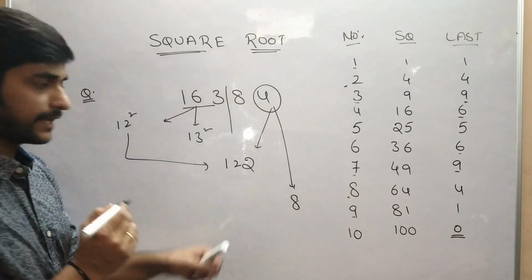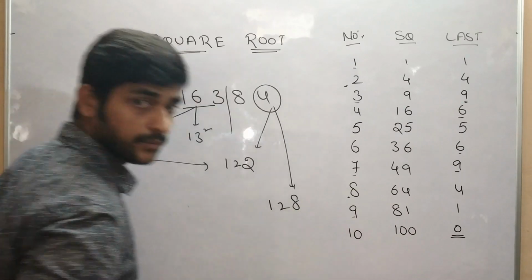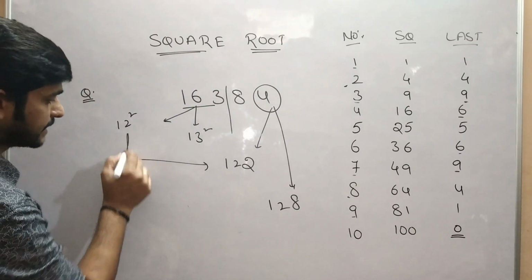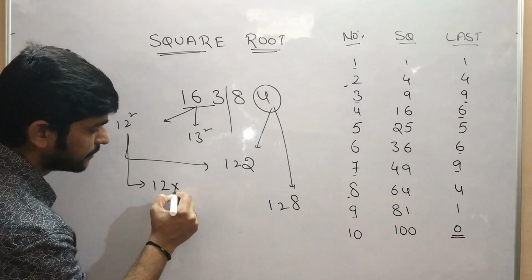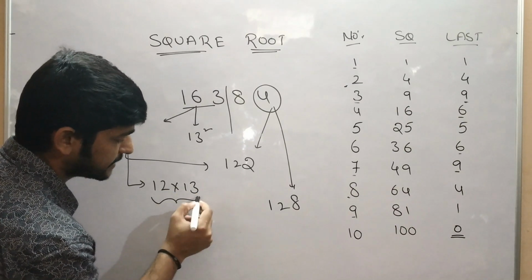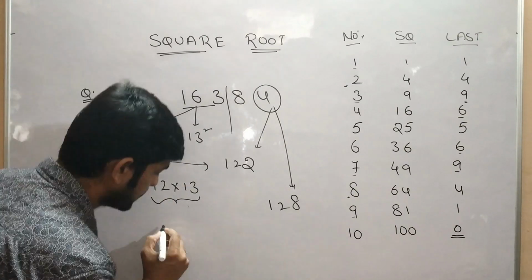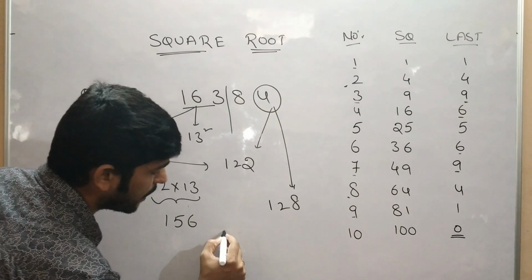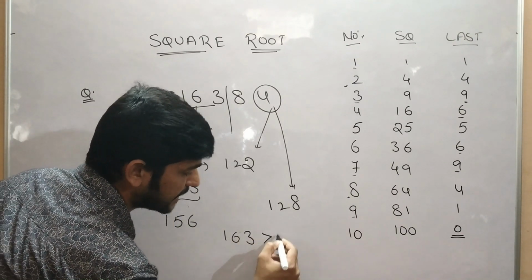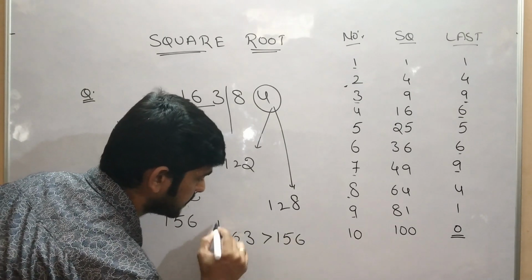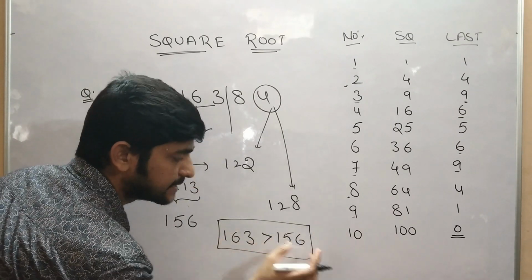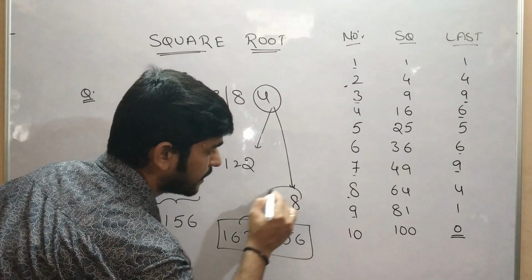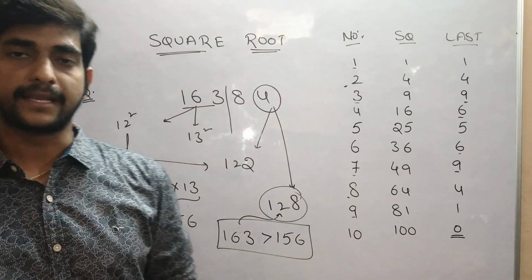So here it becomes 122 and this becomes 128. Then how do we decide whether it is 122 or 128? We multiply 12 with the next number. So here we get 156 and here we have 163, which is greater than 156. So the answer for the question is 128.